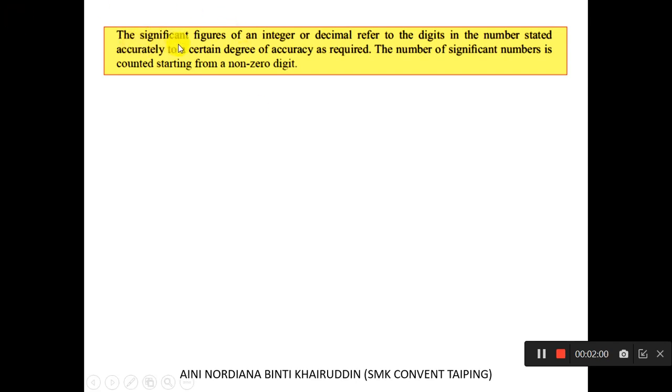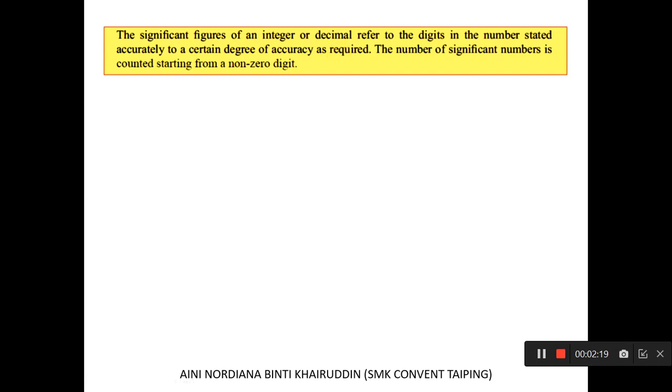Okay, the significant figures of an integer or decimal refer to the digits in the number stated accurately to a certain degree of accuracy as required.